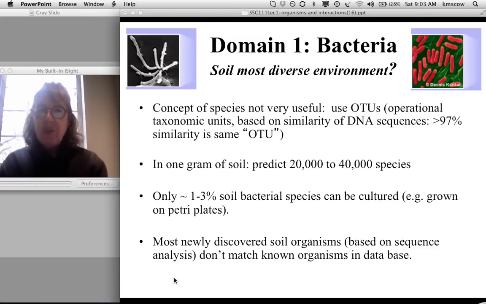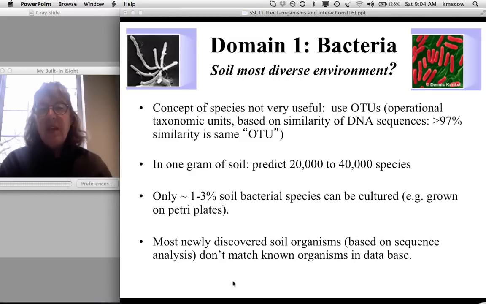Sometimes people who work in sediments fight with soil scientists and say sediments are, but I think soil, because it has some of its pores filled with air and not all filled with water like sediment is, has a little bit more heterogeneity in it.